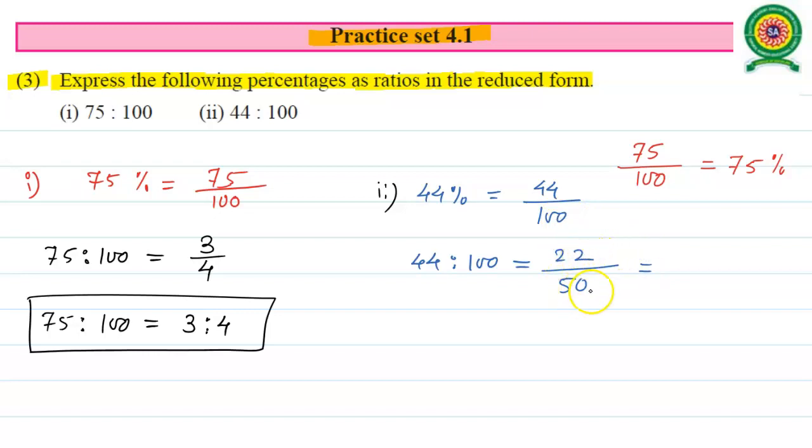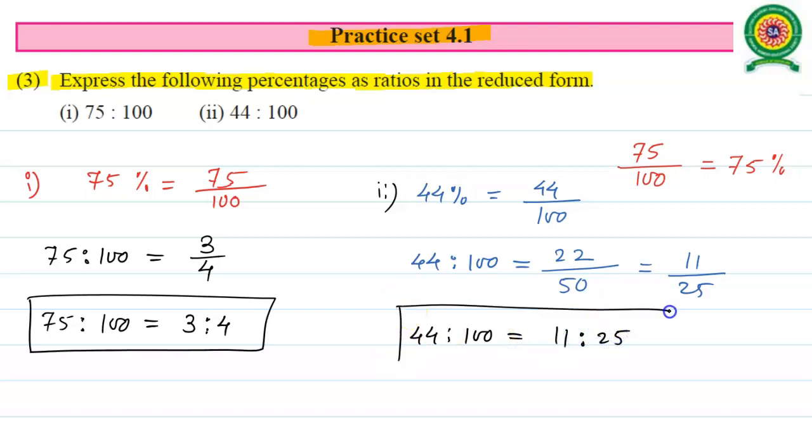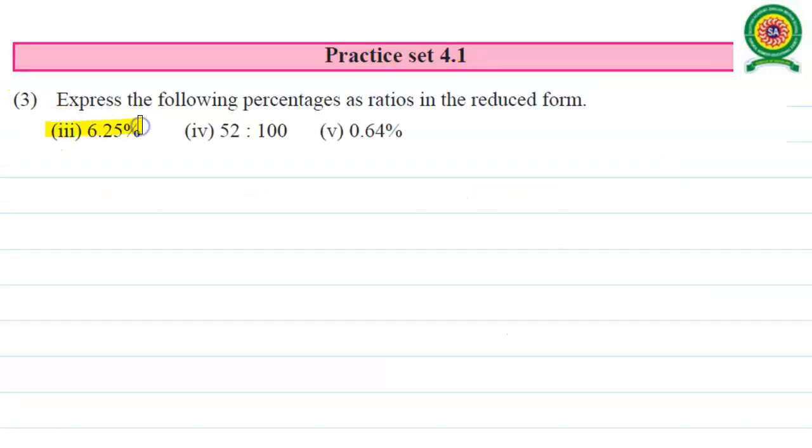Now again 22 and 50 are both divisible by 2, so 2 elevens are 22 and 25 twos are 50. Now there is no common divisor between numerator and denominator, so 44:100 in reduced form is 11:25. Now look at the third sub question.